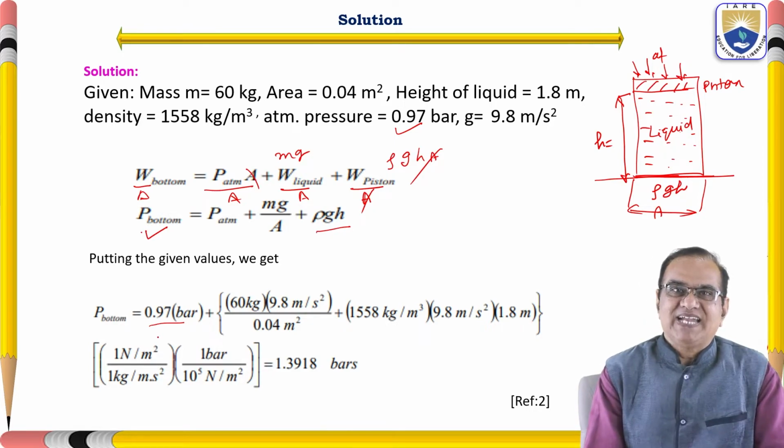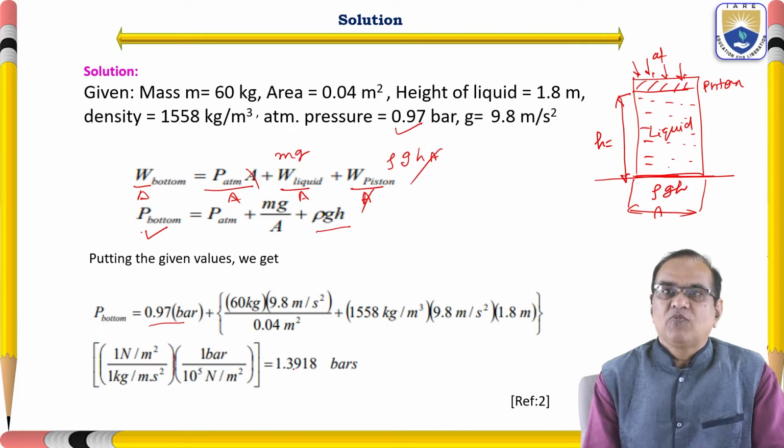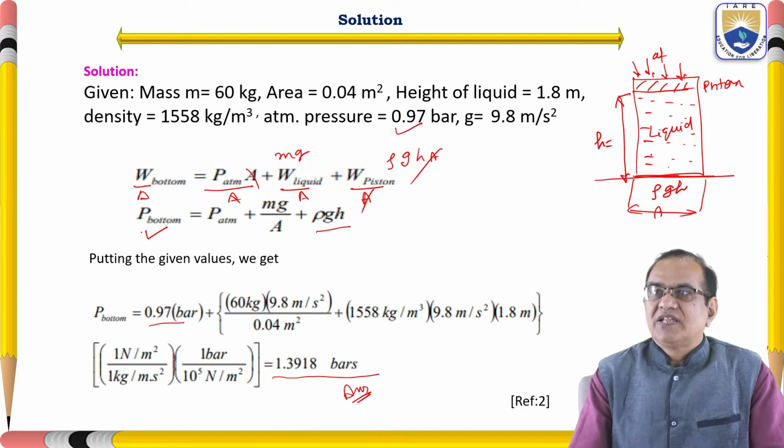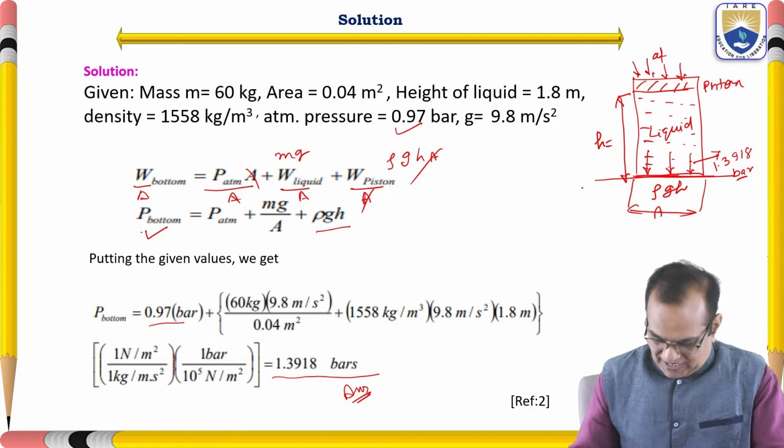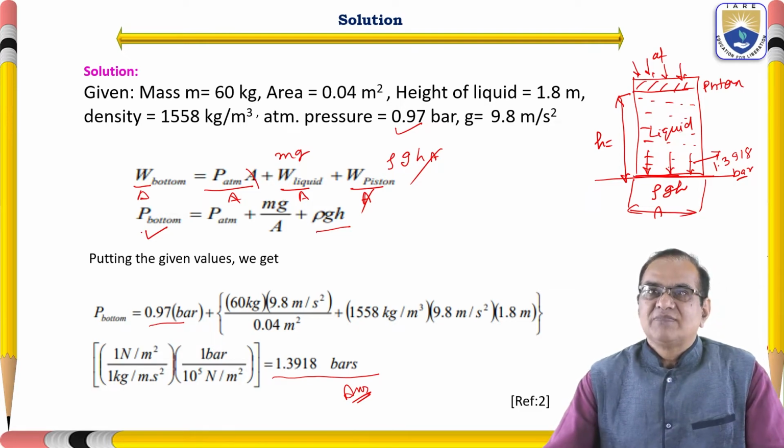The units are Newton per meter square, converted to bar, and you will get 1.3918 bar. So this is the answer: the total pressure at the bottom is 1.3918 bar. However, the atmospheric pressure is already given as 0.97, so the piston and the liquid give a sufficient amount of pressure increase.